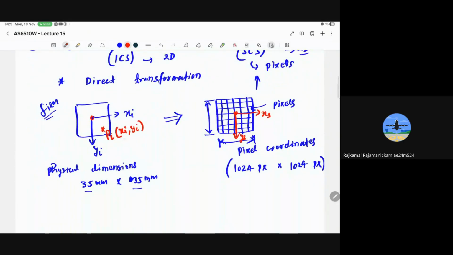So this particular point in the film having xi and yi will have a location here, with coordinates xs and ys. So this is a direct transformation.